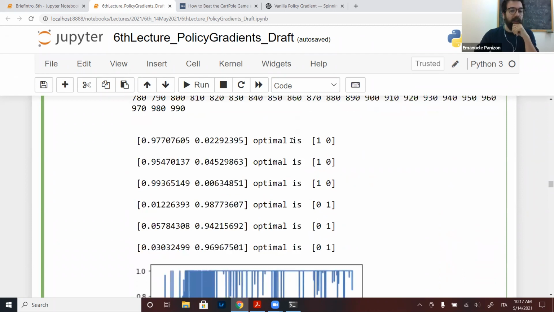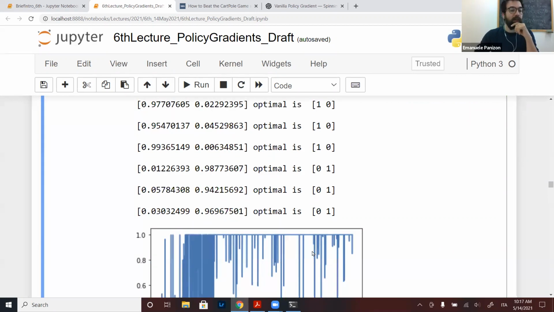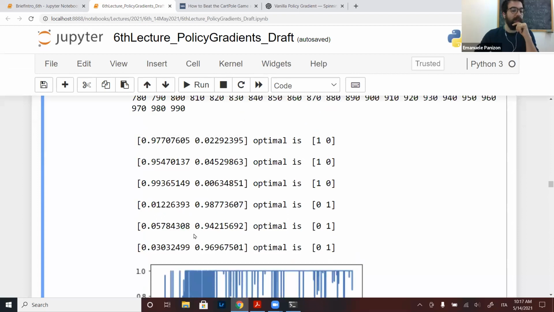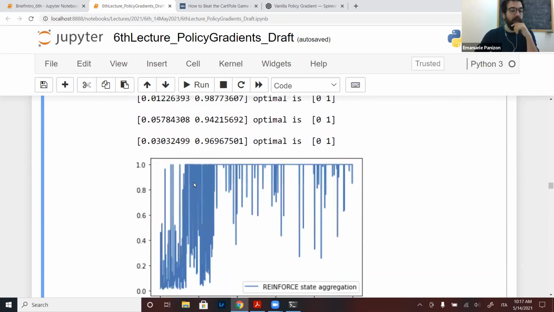As you can see, while the optimal one is 1, 0, they have not yet converged, but still it's very close to 1, 0, very close to 1, 0, and very close to 1, 0, and the last 3 are very close to 0, 1. And clearly this small fluctuation here is due to the fact that this is still a bit far from being perfectly 1, 0. Okay, so this was the REINFORCE.